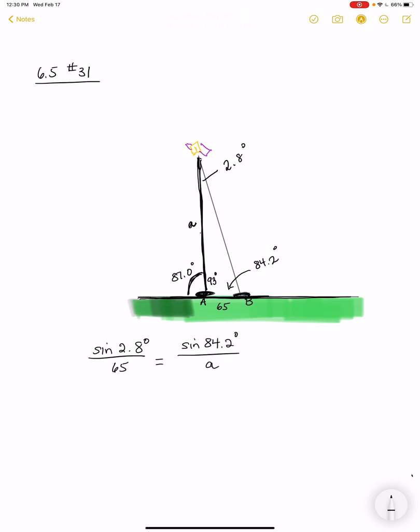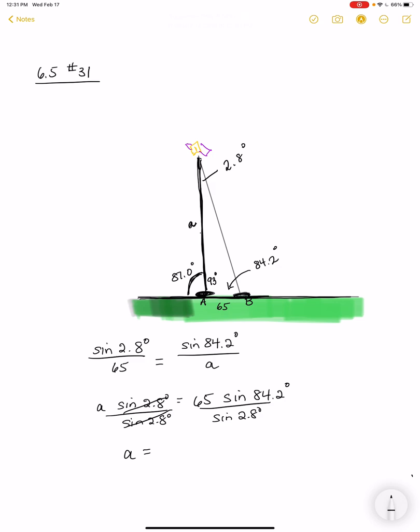So I've got the sine of 84.2 over A. When I cross multiply, I get A times the sine of 2.8 degrees equals 65 times the sine of 84.2 degrees. When I divide both sides by the sine of 2.8, I get my A value.